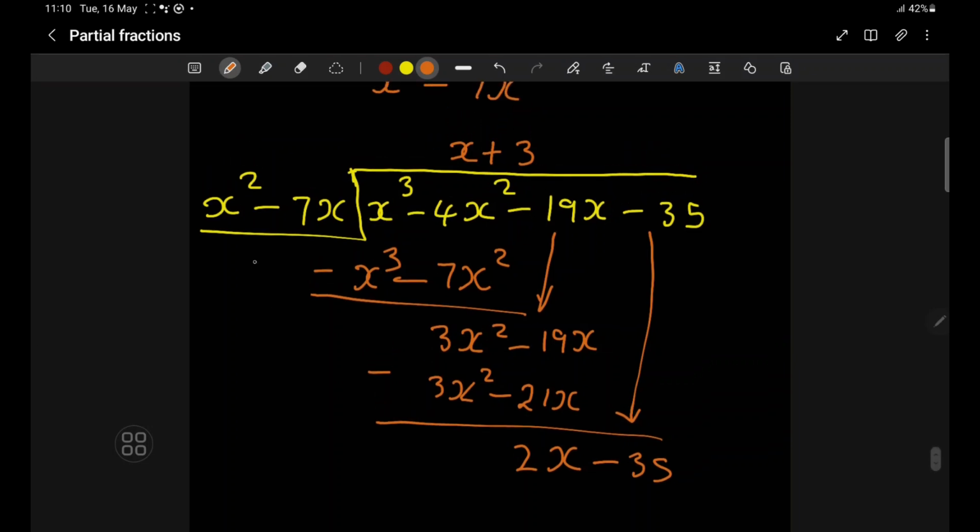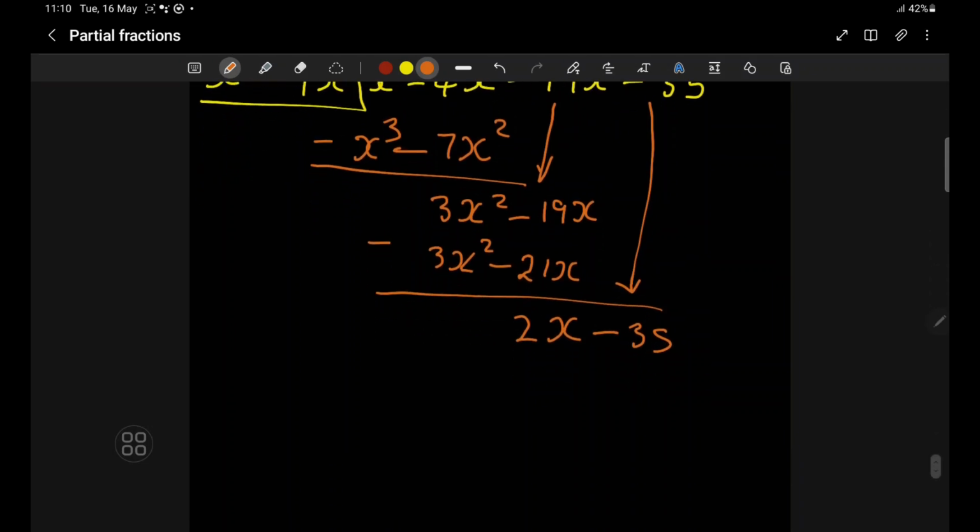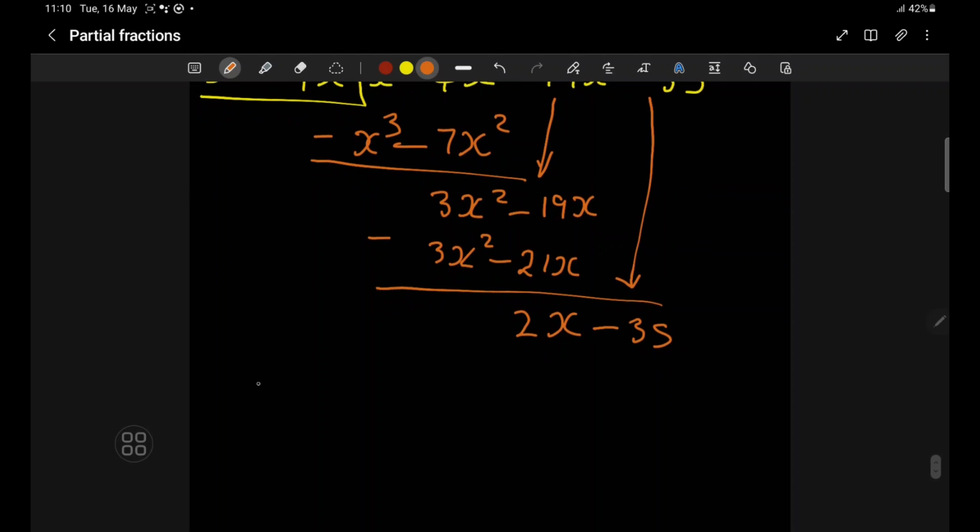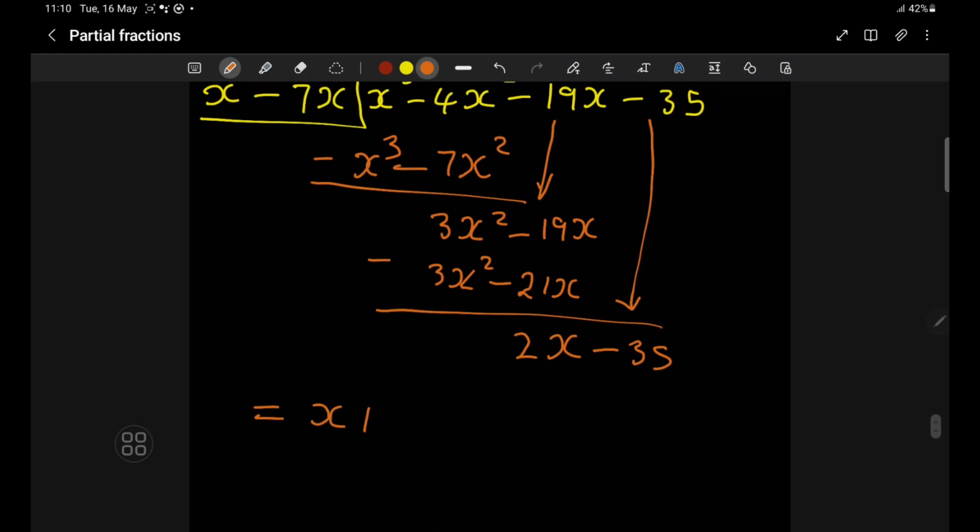So now dividing this into this, we've gotten x plus 3 with this as the remainder. So our expression is now x plus 3, plus 2x minus 35, which is our remainder, over the denominator that we had, x squared minus 7x.